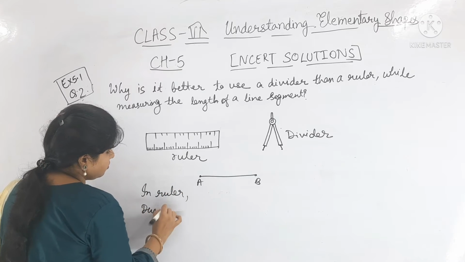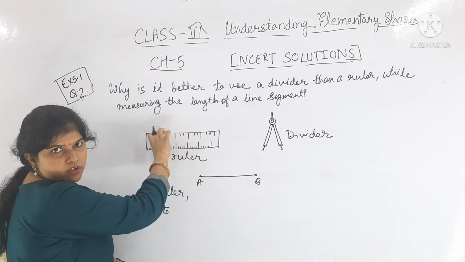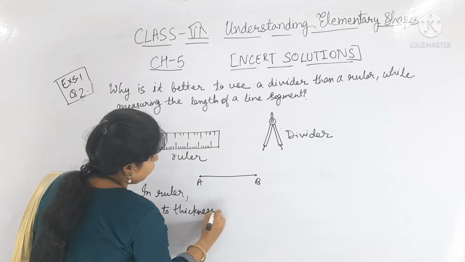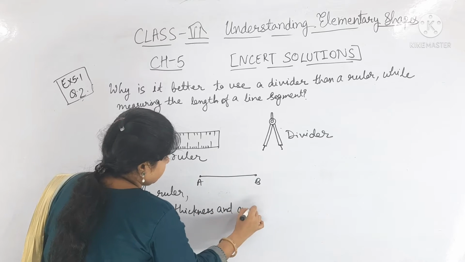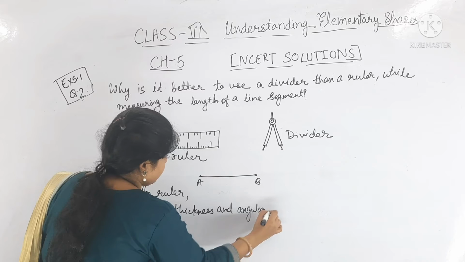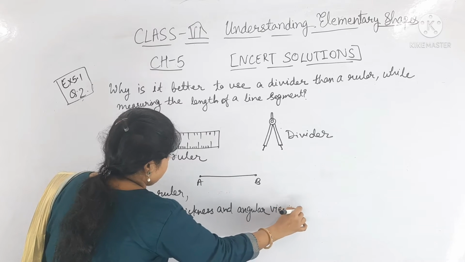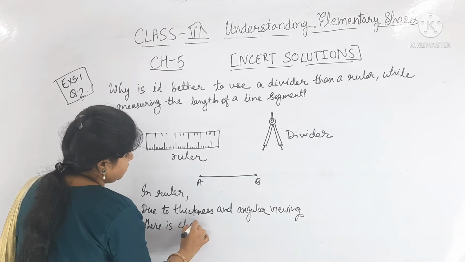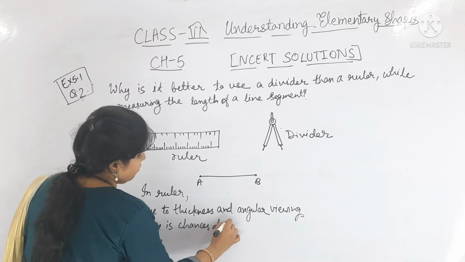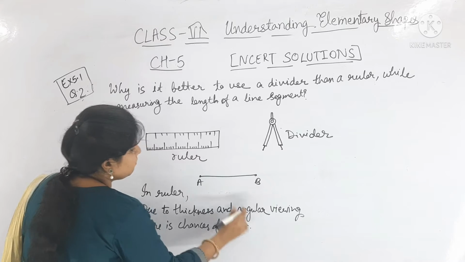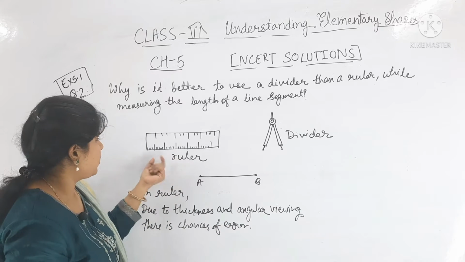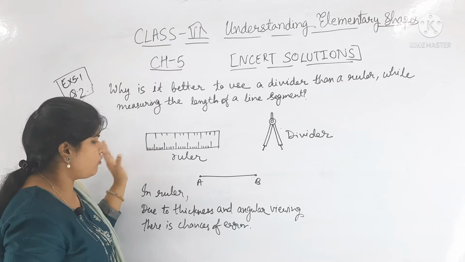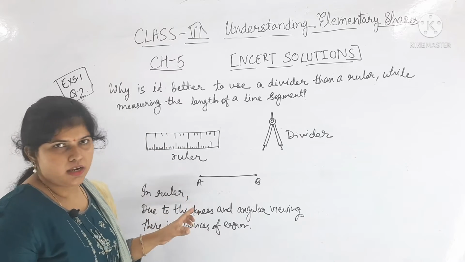in the ruler, due to the thickness of the ruler and angular viewing, there are chances of error. The error can occur because of the ruler's thickness, and angular viewing can't be handled by the ruler.